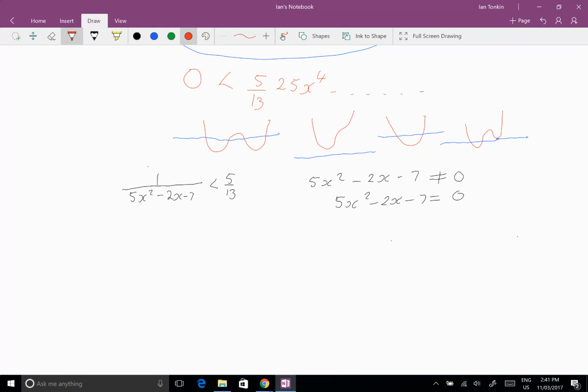And we use our P and F method. And we're looking for numbers that multiply out to minus 35 and add up to minus 2. And that's pretty easy. 5x squared minus 7x plus 5x minus 7 equals 0. Haven't changed the equation.